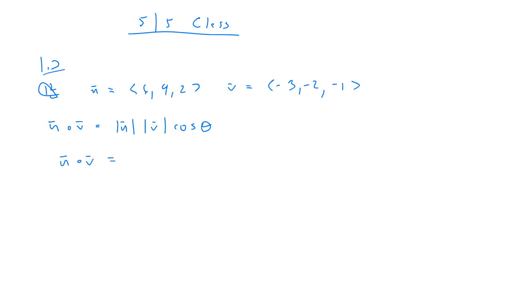So what is the dot product of these two vectors? First, let's just do it the long way, which is the dot product is you just multiply component by component. Right, so I get negative 28.